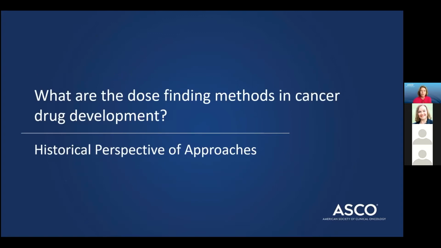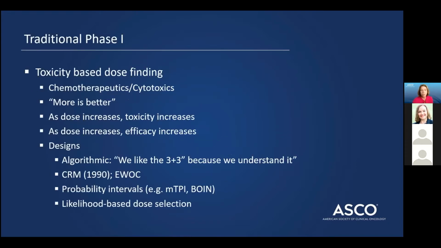Okay, so what are the dose finding methods in cancer drug development? I think there's a pretty diverse audience here. I know there are currently about 40 attendees, some of whom may be familiar with dose finding methods in cancer, some of whom may not. So the traditional phase 1 dose finding approach is toxicity-based dose finding in the cancer setting.